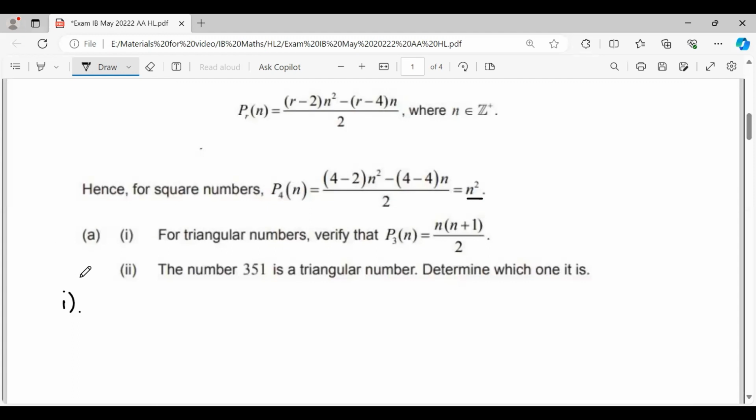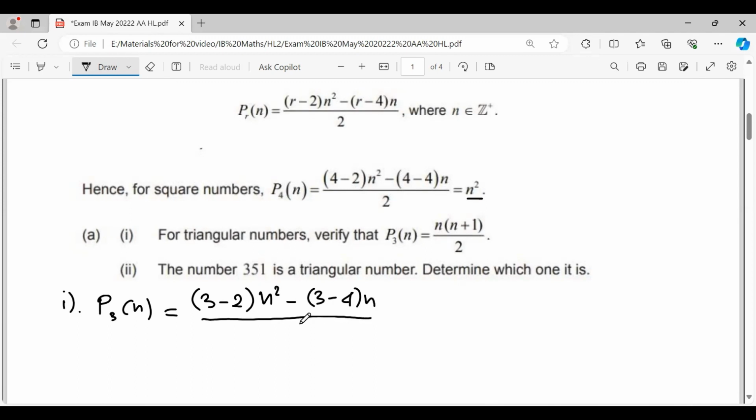A1. According to this formula, if r equals 3, P_3(n) equals ((3 minus 2)n squared minus (3 minus 4) times n) over 2.